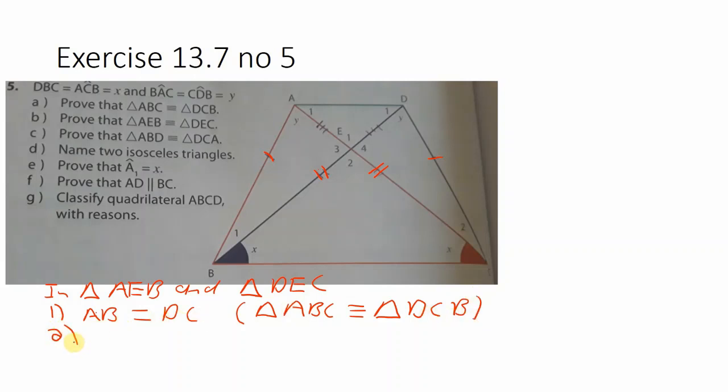So secondly, we know that y and y are the same. So therefore angle BAC, let's just rewrite, BAC is equal to CDB, and that was given to us.